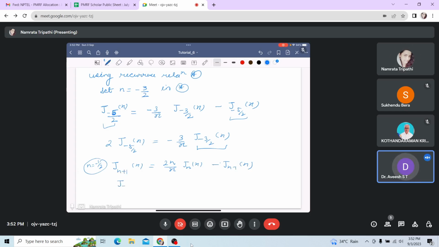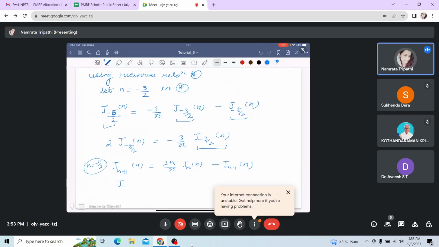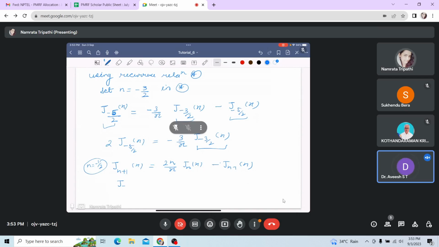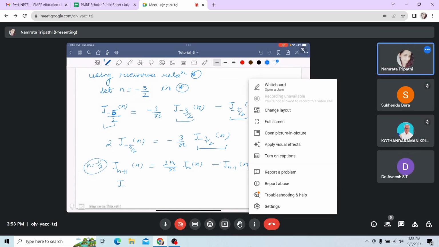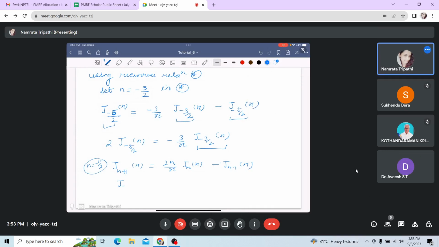Ma'am, in the recurrence relation, if you substitute n is equal to minus 3 by 2 in star, LHS will be z minus 5 by 2 is equal to minus 3 by x z minus 3 by 2 minus z minus 1 by 2 of x, madam.